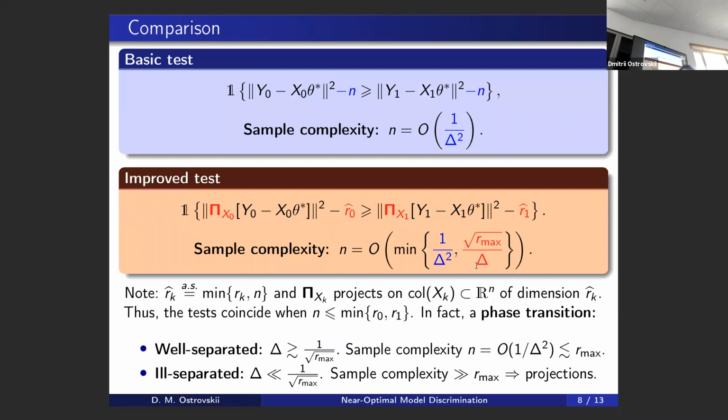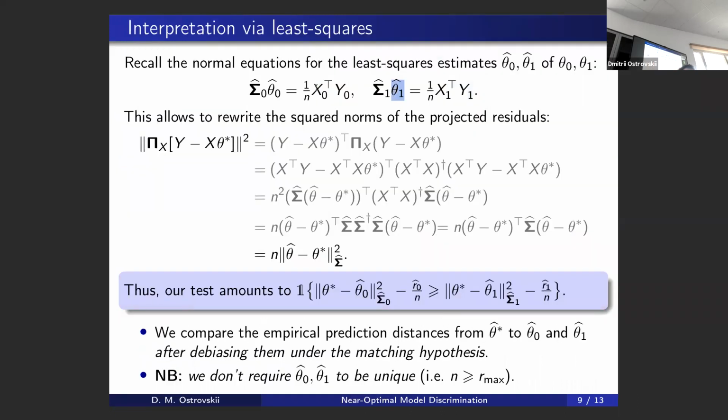If you think about it, in this regime you don't have prediction estimates of theta 0 and theta 1, of course. Your sample size is smaller than the dimension of the signal subspace. And this is the right answer. That means no chance that these things are even uniquely defined. They are not actually.